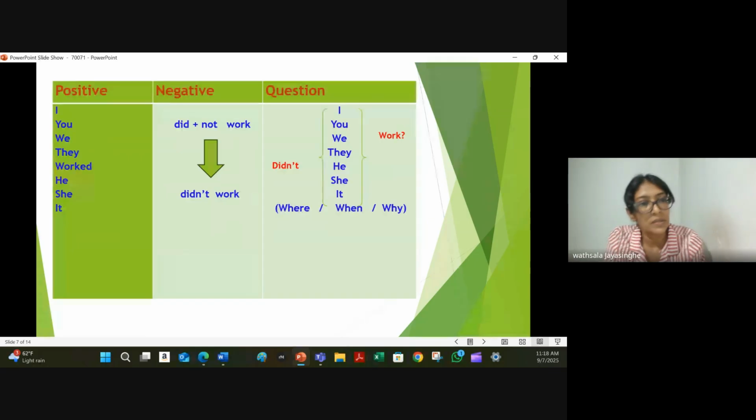When we make sentences, we have positive sentences, negative sentences, and questions. When we use positive sentences: I worked, you worked, we worked, they worked, he worked, she worked, and it worked. When we use negative sentences, we add did not plus the base form of the word.